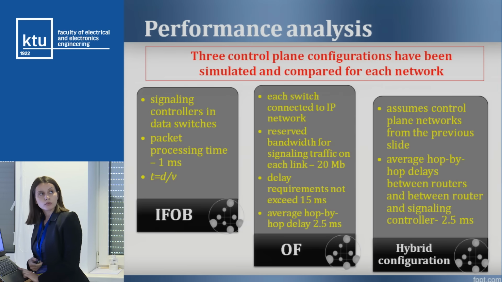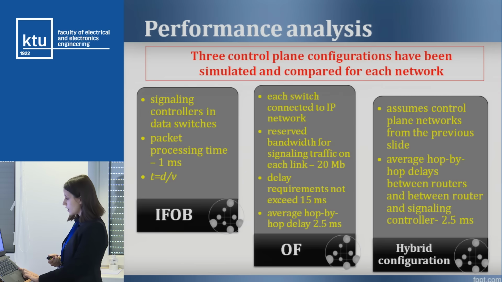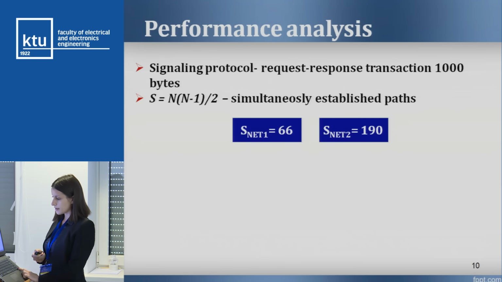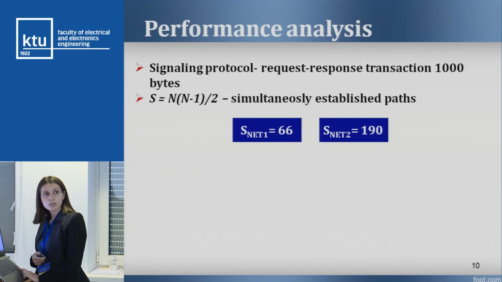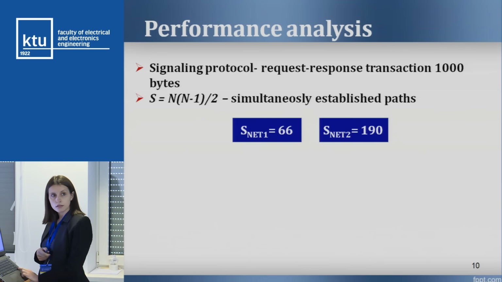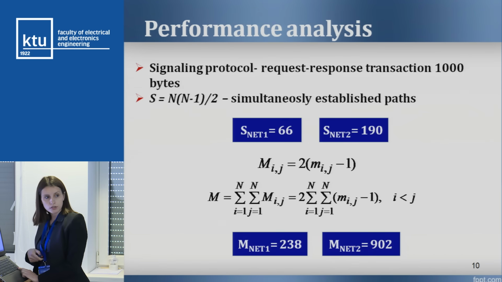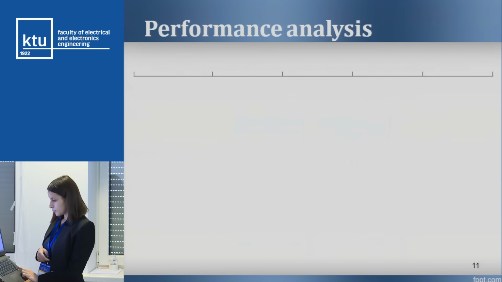The signaling protocol was simulated by a signal request-response transaction with a message of 1000 bytes. And since we supposed to simultaneously establish paths, one bidirectional path between each pair of nodes, we obtained 66 and 190 for these 2 networks. Then these two formulas are related to the number of signaling messages. So this was the total number of signaling messages for the first and for the second network.